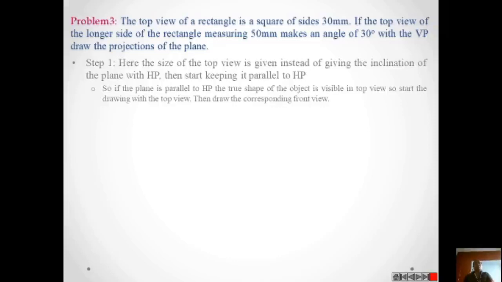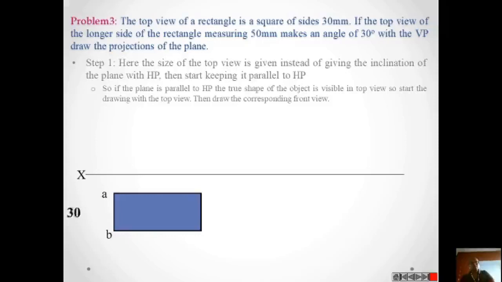So here the top view is a reduced shape, so indirectly he has given that it is inclined to HP. So keep it parallel to HP and draw the rectangle. This is the first step, as we have already done.